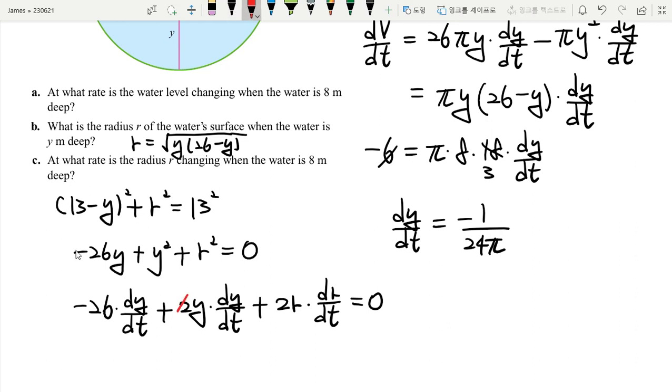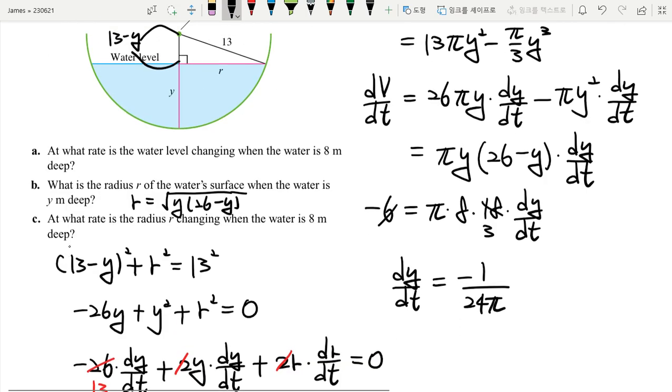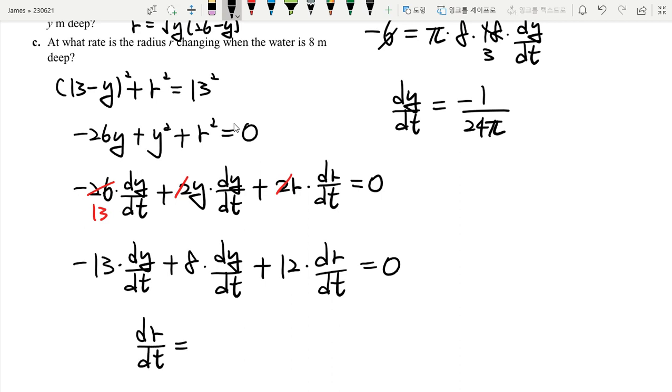We can cancel 2, and so when y is 8, r is 12, so the radius change is 5 over 12 times dy over dt.